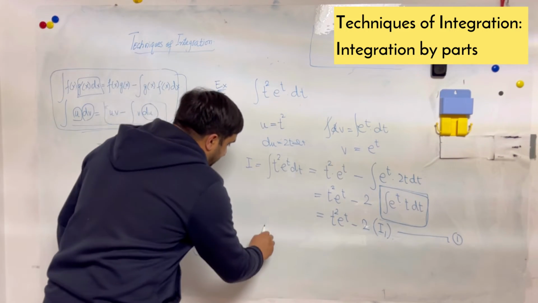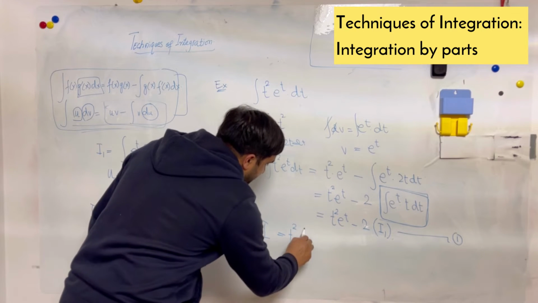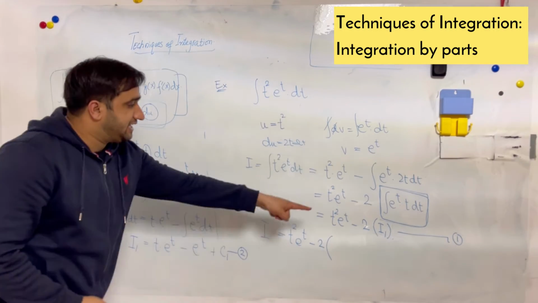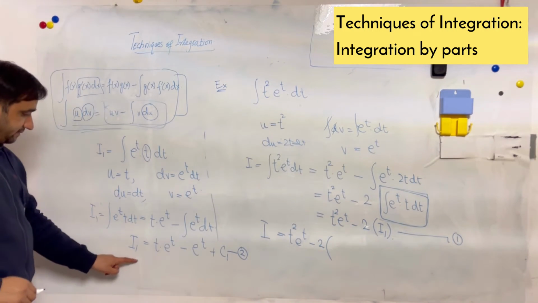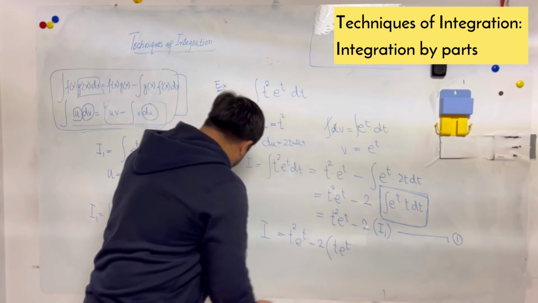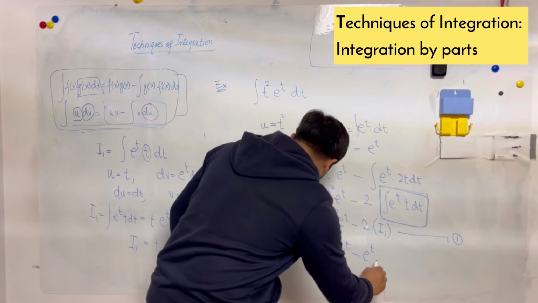So my bigger I will be t square e^t minus 2 into the value of I1 which I have solved here, t e^t minus e^t plus c1.